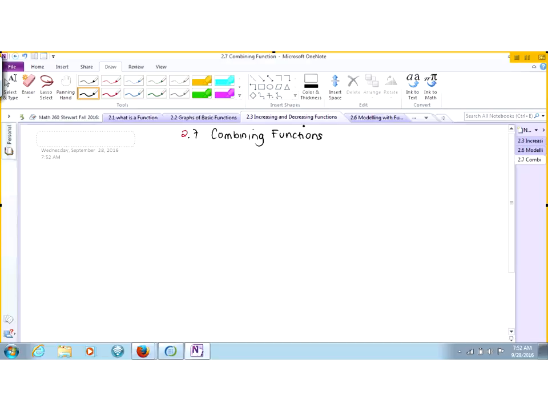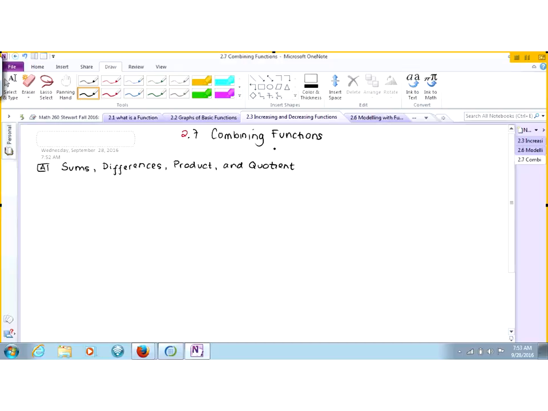So the sum, the differences, products, and quotient.